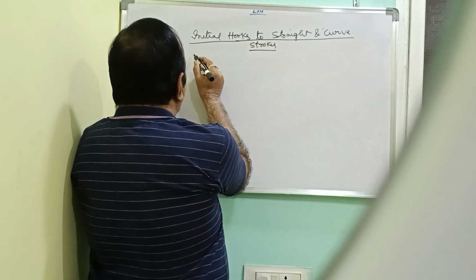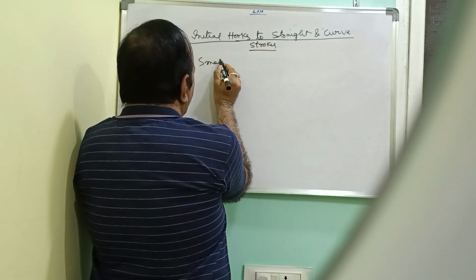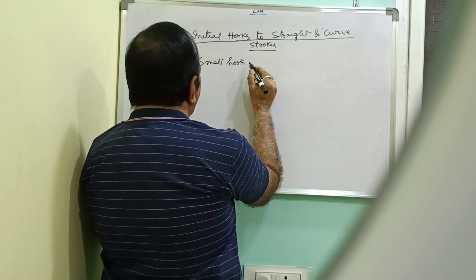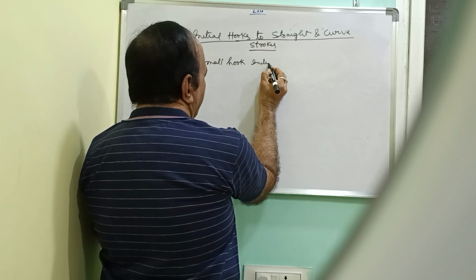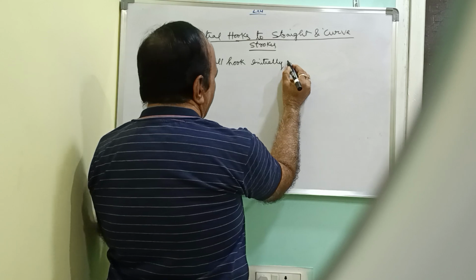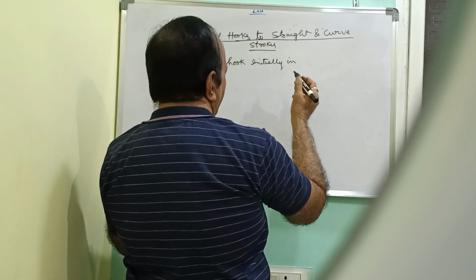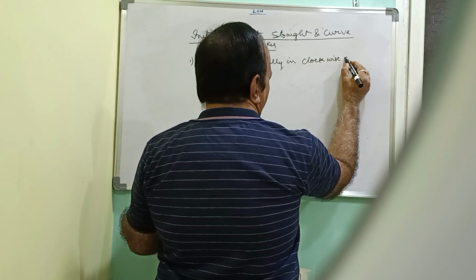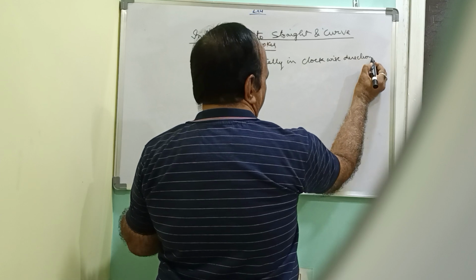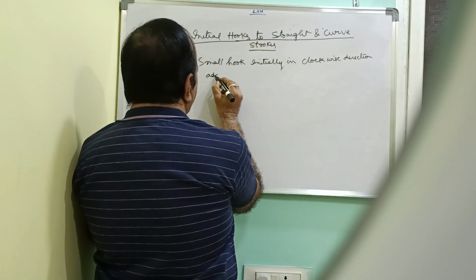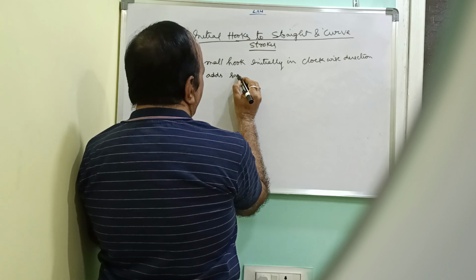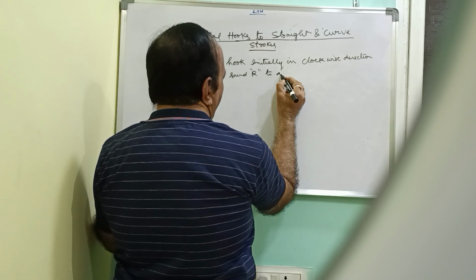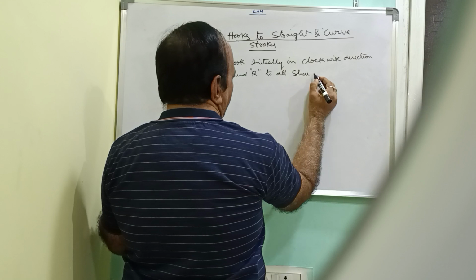A small hook, initially in clockwise direction, adds the sound R to all straight strokes.